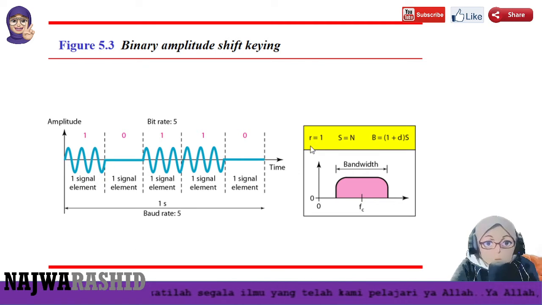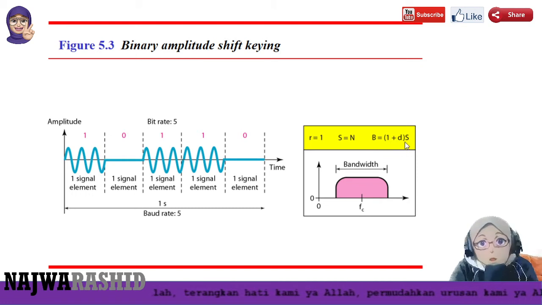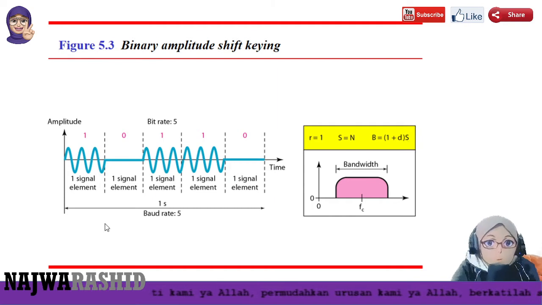So here, the formula for ASK: R equals 1, S is equivalent to N. The bandwidth is calculated by (1 plus D) times S. So this is the formula to calculate the bandwidth for the ASK technique. One signal element, one data element.